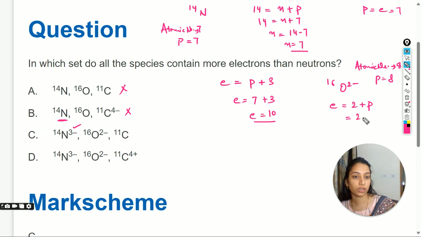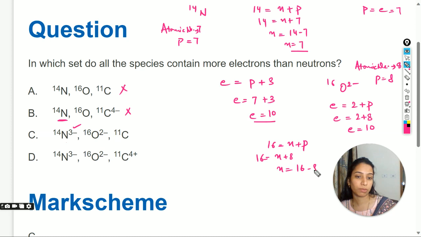So number of electrons will be equal to 10 and this is the mass number, which means number of neutrons plus number of protons, and number of protons are 8. So number of neutrons will be equal to 16 minus 8, which means number of neutrons are 8 and number of electrons 10. So here also number of electrons are more than number of neutrons.